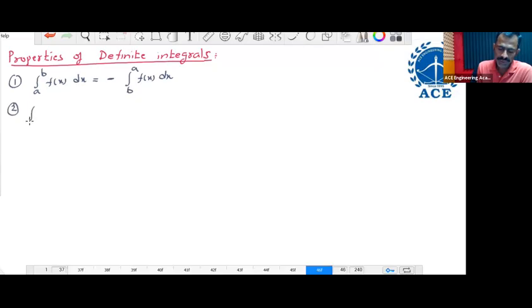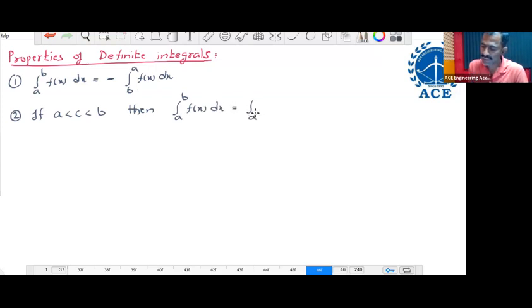Second property: if a less than c less than b, then integral a to b f of x dx equals integral a to c f of x dx plus integral c to b f of x dx.